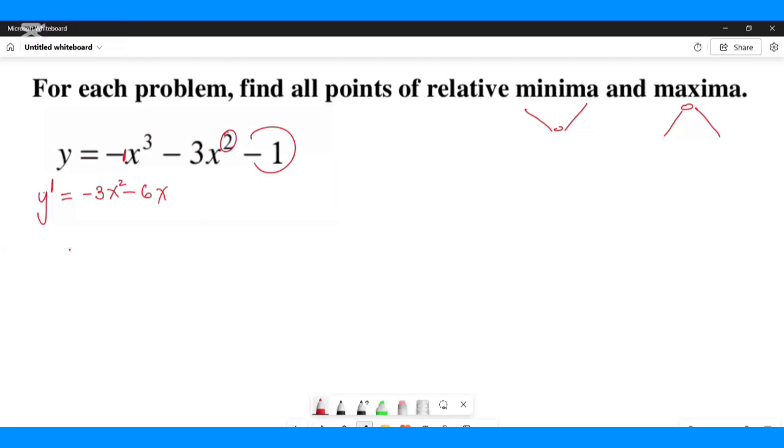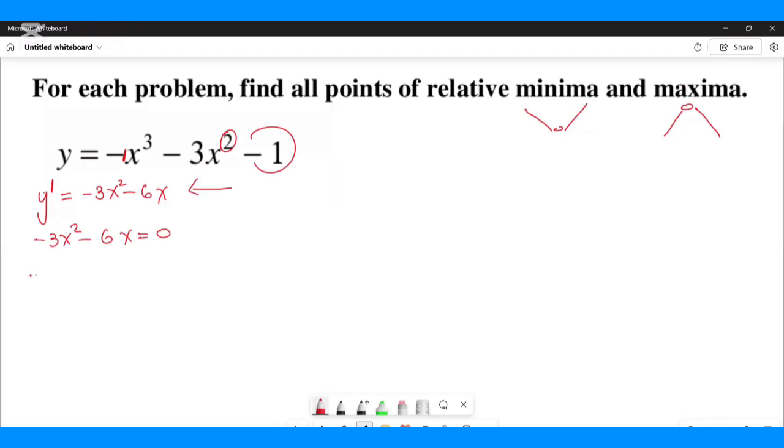So this is our gradient, or what we call our slope function. We're going to let this equal to 0. So negative 3x squared minus 6x equals 0, and then we're going to solve to get our critical values. So let us factorize quickly.